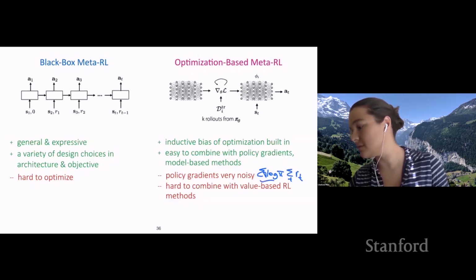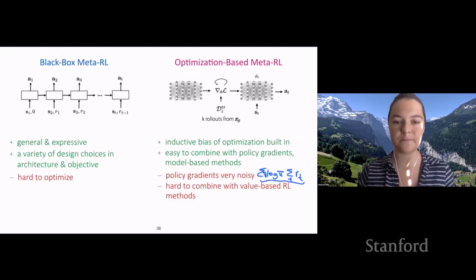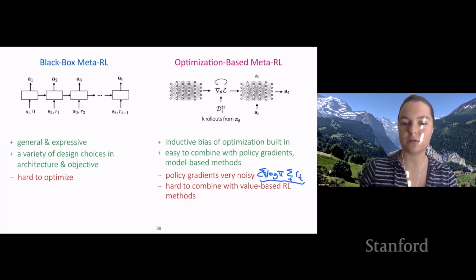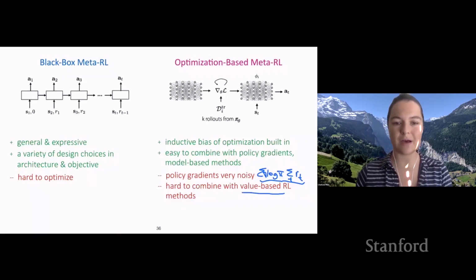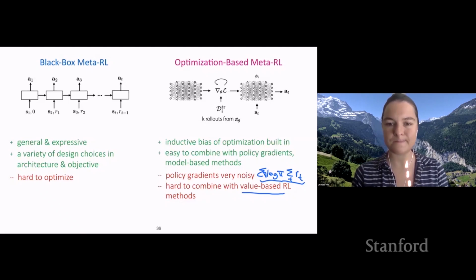So it's actually fine to take one or a few gradient steps, even for long episodes. But for value-based RL methods, it's a big challenge, and very few methods have been able to overcome this challenge.